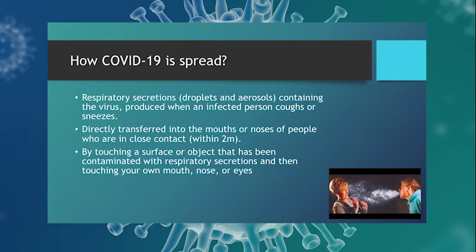And I'm sure you would have been listening to your radio, or you've watched some documentary or some newsreel that would have told you a little bit about COVID-19. It is spread by respiratory secretions, droplets, aerosols, which contain the virus. And this is usually produced when an infected person coughs or sneezes.